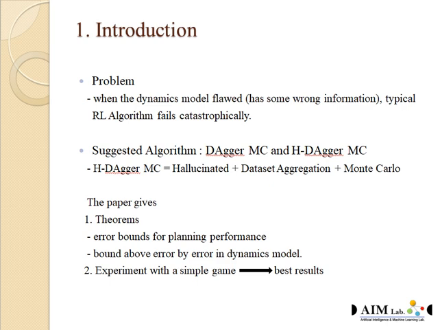It also gives a tighter version of the error bound. Second is an experiment with a simple game. It gives the best result among the other algorithms.